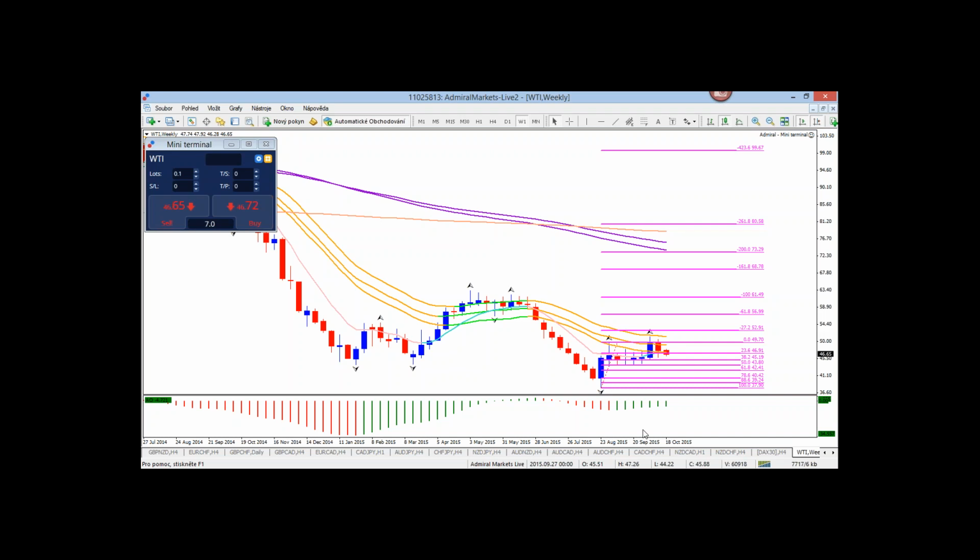But still, from a technical point of view, divergence is in play. I would therefore be cautious with shorts, and wouldn't be surprised if price is able to break above this band on the weekly. But before that happens, I wouldn't be much interested in either side.